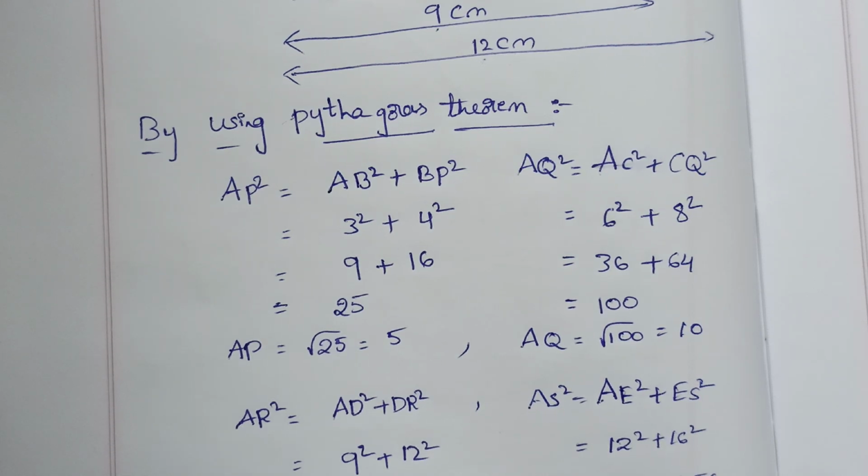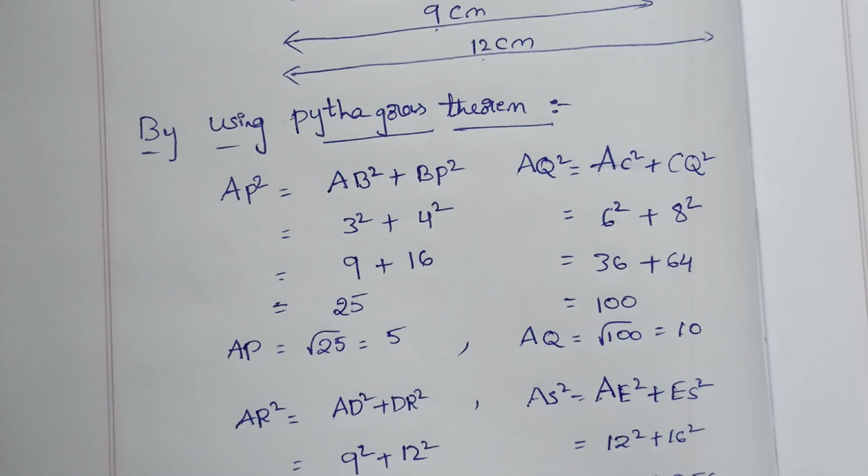AS equal to square root of 400, that is equal to 20.